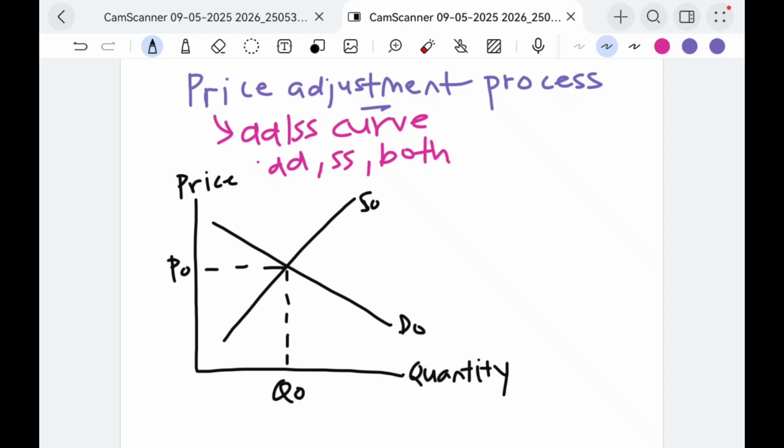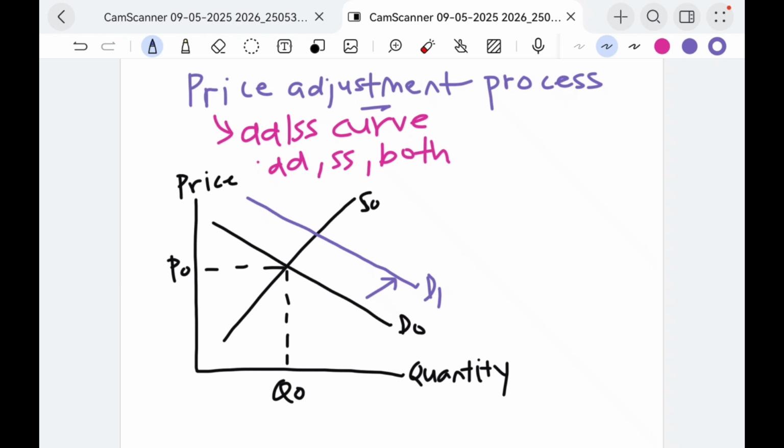So in this case, let's look at a simple example first. To illustrate the price adjustment process, let's assume that your demand curve shifts right. Perhaps there is a shift in taste and preferences towards a particular good. So it increases your demand, as now people are more willing to buy this good.